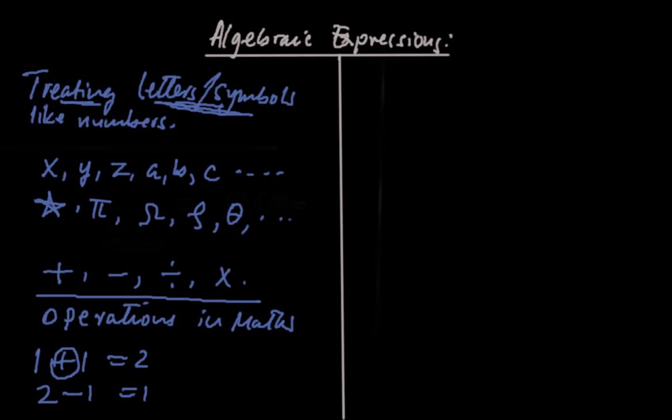Now, how can we treat symbols like numbers? It comes into our heads something like adding a plus a, or a plus b plus c. So what are these? Can we do this? Yes, we can.